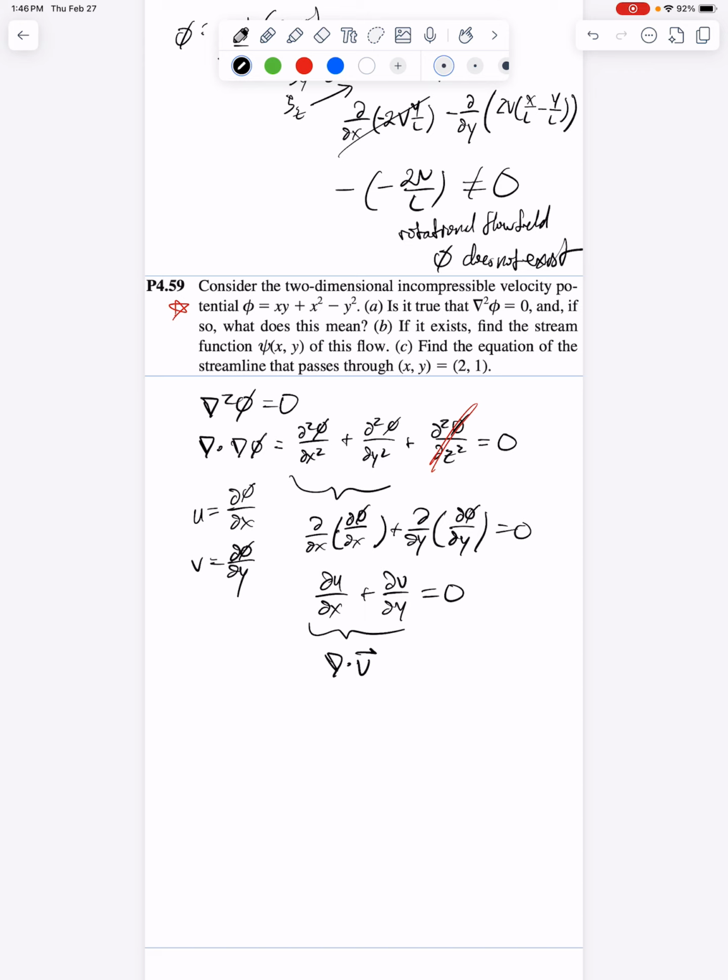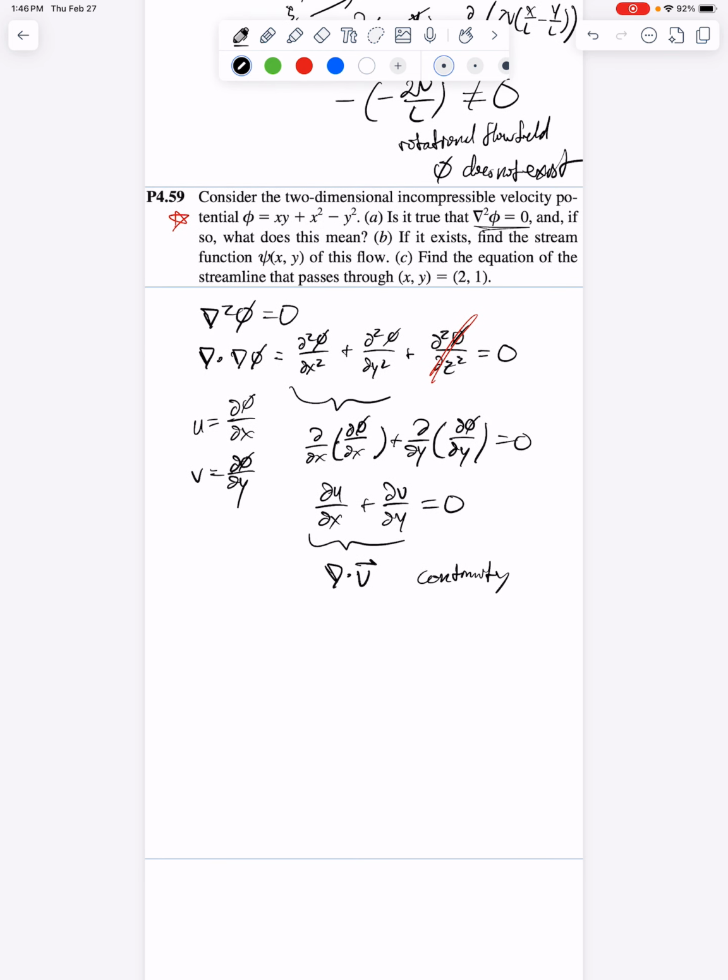Essentially, if the Laplacian of phi is equal to 0, you can showcase that for an incompressible flow field, we can achieve continuity, because this term here, del dot the velocity field, is equal to 0, which implies continuity. So if we prove this, the flow field is also continuous. Not only is it irrotational, because we already know that, it's also continuous.